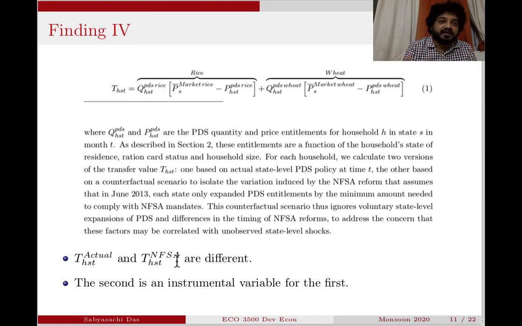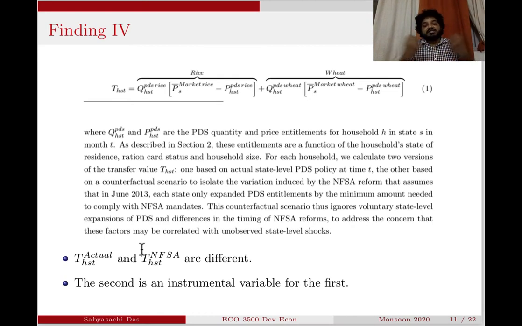The second criterion is the exclusion restriction: the variation in the simulated transfers should not be correlated with unobservable factors that would affect the outcome, or the simulated transfer should not have a direct effect on labor market outcomes, and that's reasonable. Why?